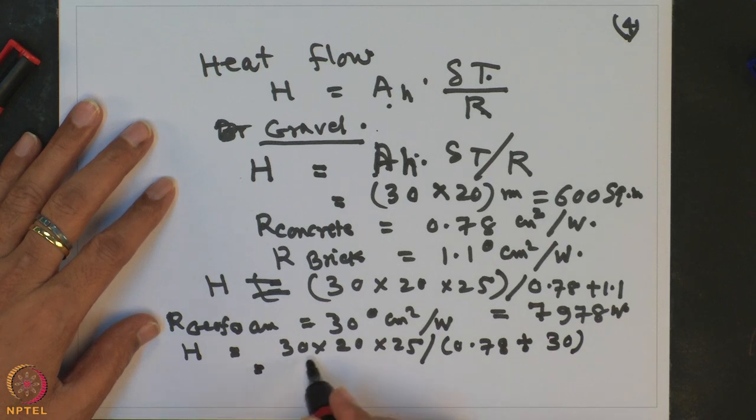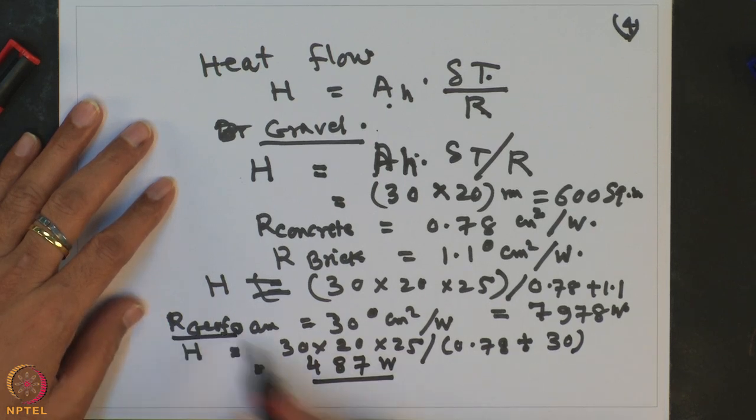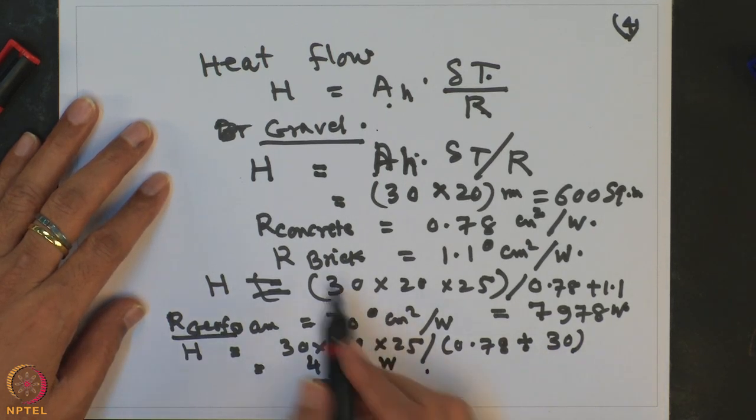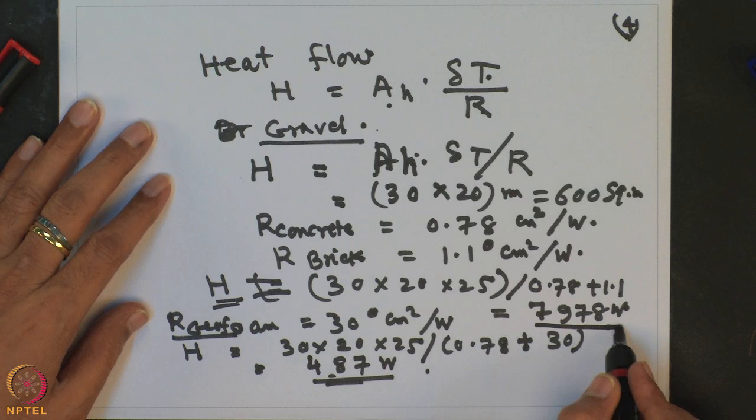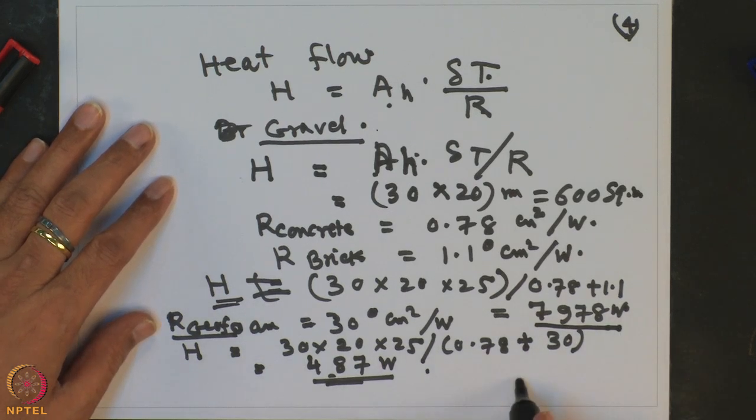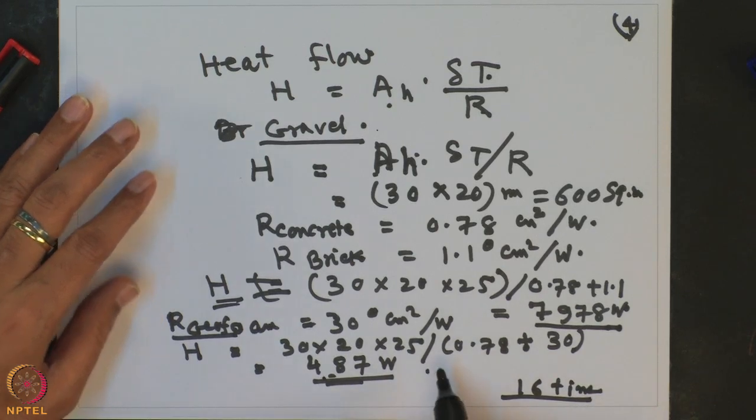If you calculate, you get 487 watt. When you use geofoam it is 487 watt, and when you use the conventional method, the heat generated is 7978. That means it is 16 times less when you use the geofoam material. So you see from this example, if you use the expanded polystyrene geofoam material, the heat can be substantially decreased with respect to the conventional method. Thank you.